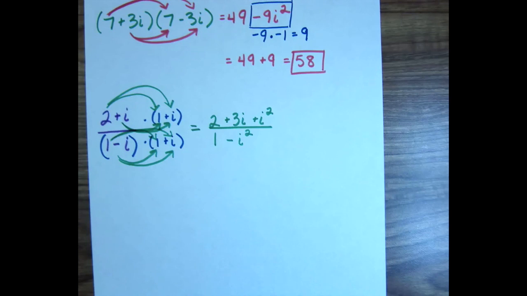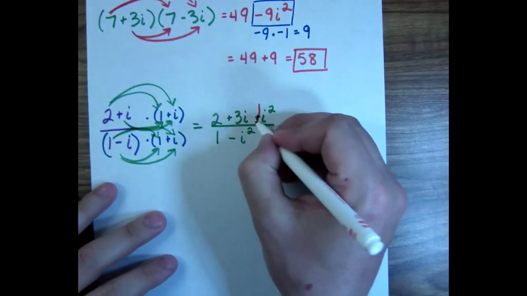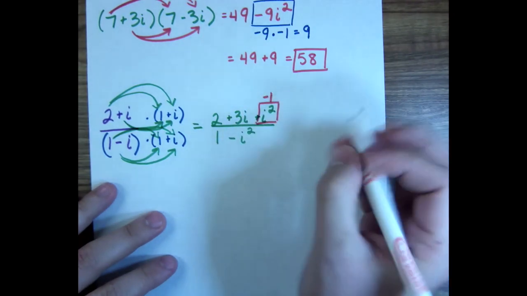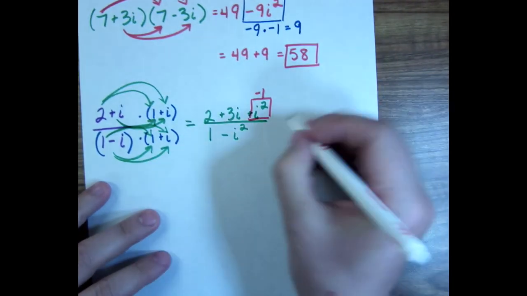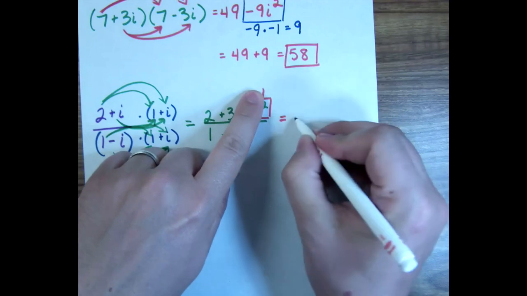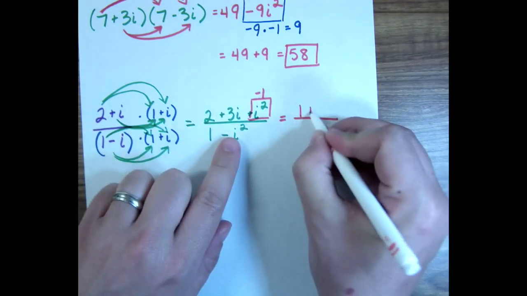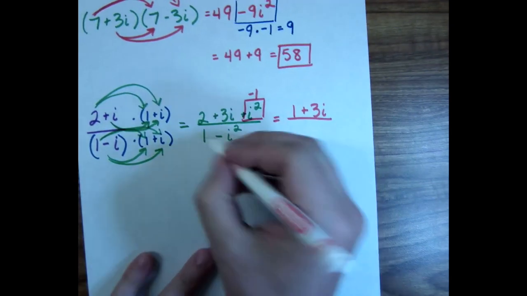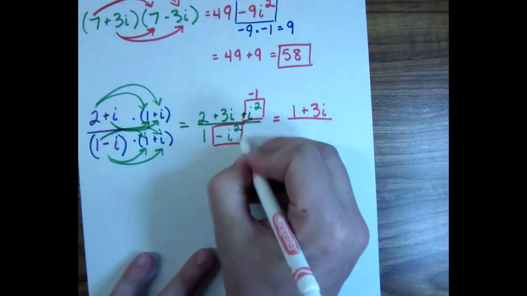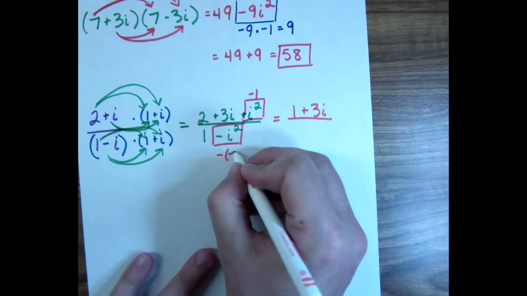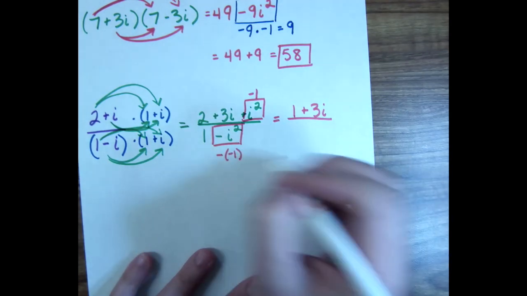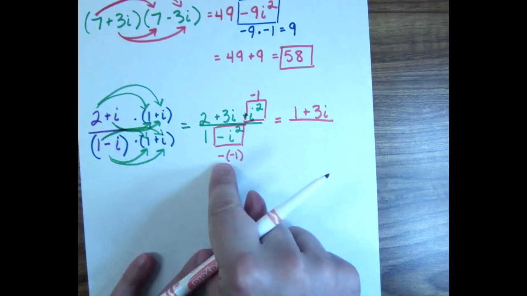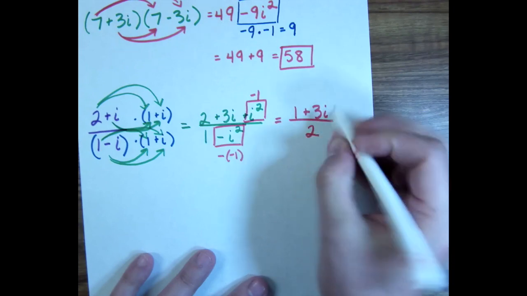A little bit of cleaning up to do here. i squared, of course, is negative 1. So on the top, the 2 and the minus 1 can combine. That'll give me 1 plus 3i. On the bottom, minus i squared means minus negative 1, which is plus 1. 1 plus 1 is 2.